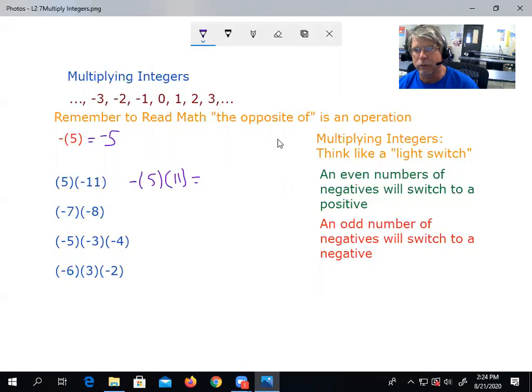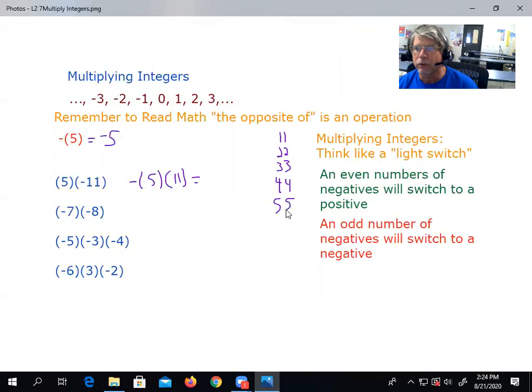5 times 11, of course, remember your 11 facts are pretty easy. 11, 22, 33, 44, 55.